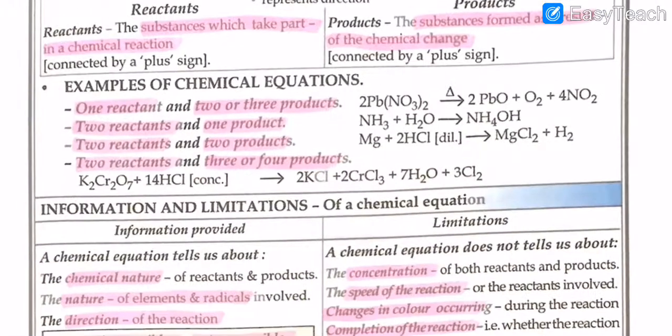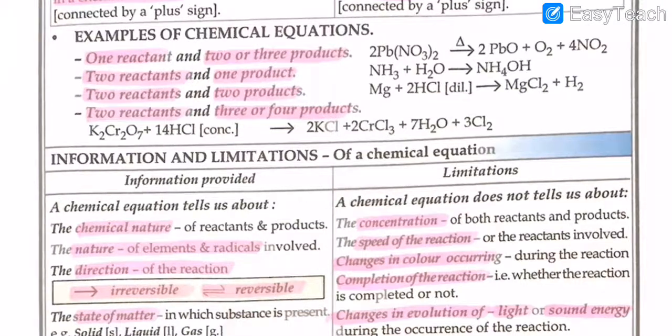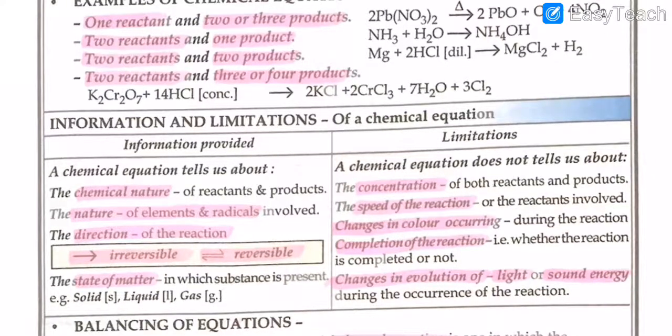One more important thing to note, just like extra knowledge: one reactant and 2 or 3 products would be called decomposition. 2 reactants and 1 product would be called combination. 2 reactants and 2 products can be called displacement. 2 reactants and 3 or 4 products can be called, you could say, double decomposition or something like that. Or complex, sorry, it totally slipped out of my mind. I'm extremely sorry. 2 reactants and 3 or 4 products can be called complex reactions.